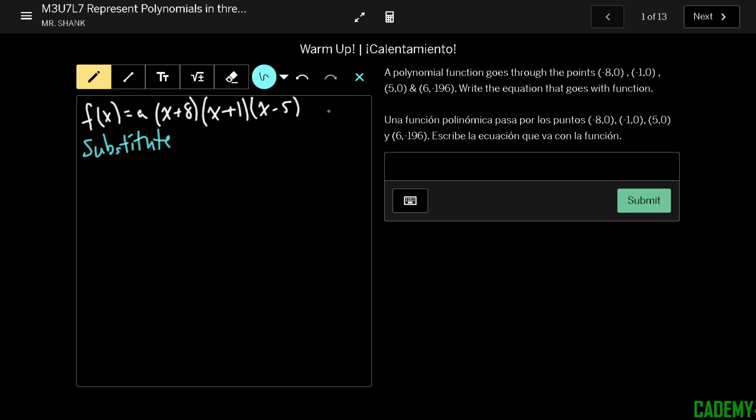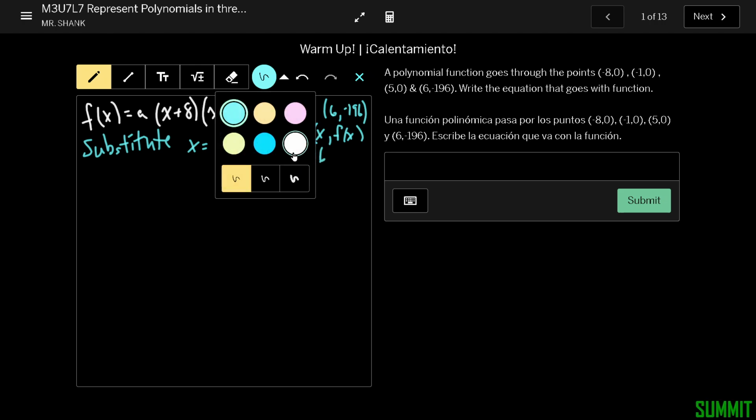Again, our ordered pair is 6, -196, which we know is x, f of x. So what I have to substitute in, I'm going to say x equals 6 and f of x equals -196. So what I can do is replace that in my equation.